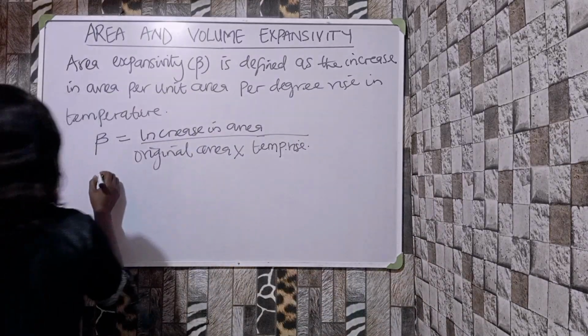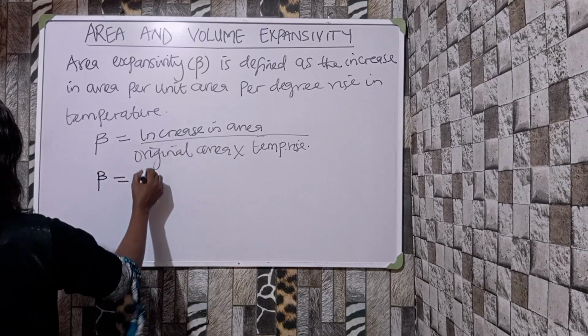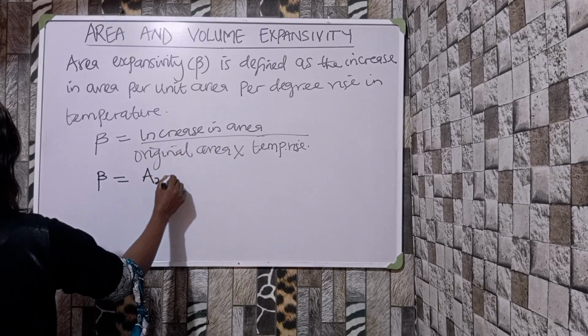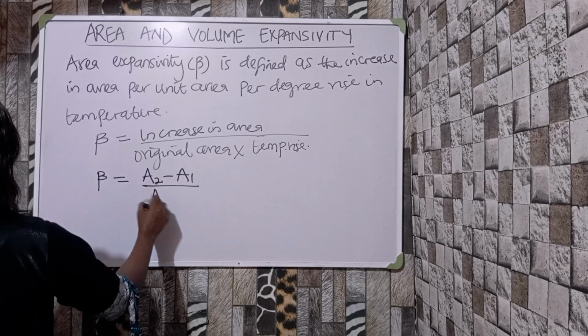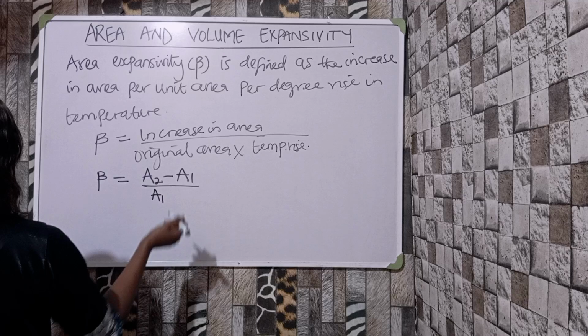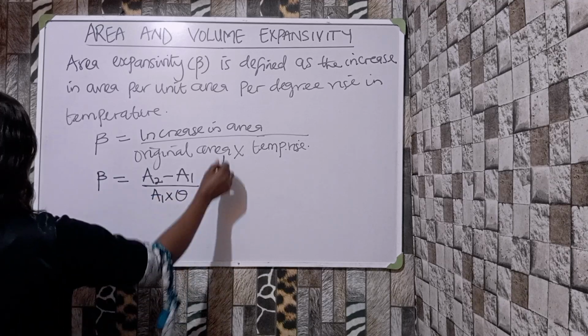Okay, so we say beta is equal to, for us to get the increase in area, that is A2 minus A1, divided by A1, which is the original area, times temperature rise.